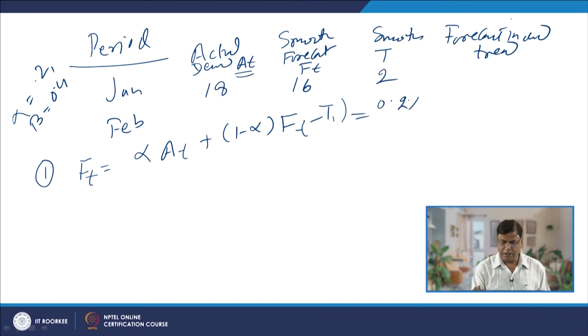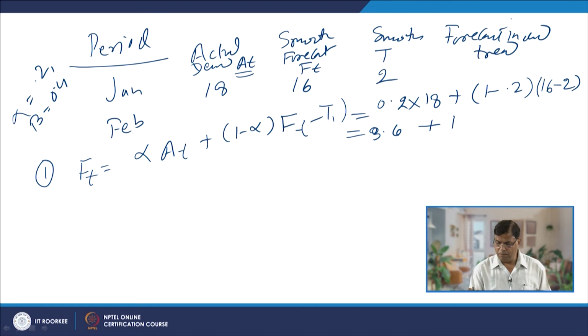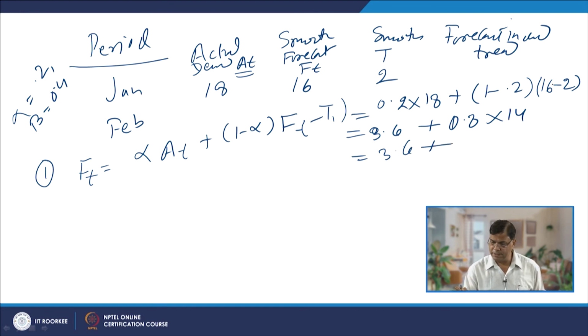So, 0.2 into 18, plus 1 minus 0.2 into the exponentially smoothed forecast for January, 16, minus 2, the trend. So 0.2 into 18 is 3.6, plus 0.8 into 14, which is 11.2. The total will be 18.